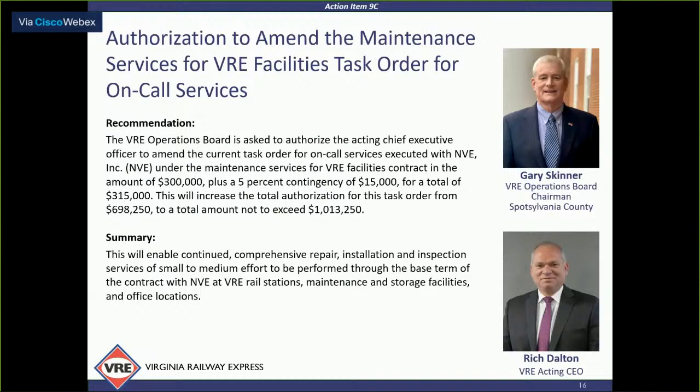This will increase the total authorization for this task order from $698,250 to a total amount not to exceed $1,013,250. This amendment to the on-call services task order will allow the unscheduled repair and inspection services for our rail stations, offices, maintenance and storage facilities to continue.